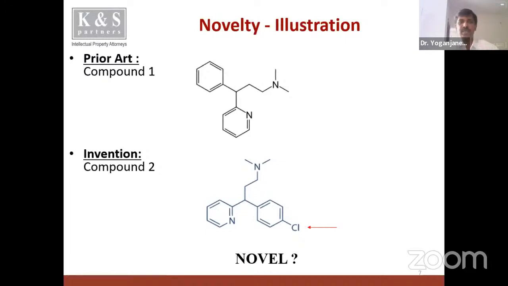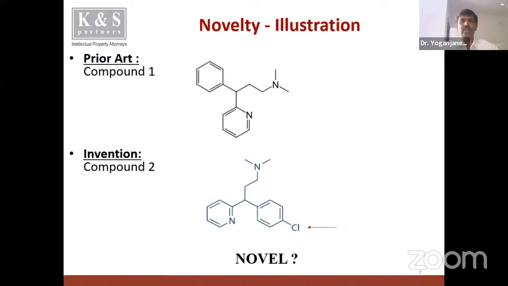Because of the presence of chlorine, compound 2 is novel over compound 1. This helps us identify novelty, by seeing what distinguishing features are present between the prior art and the current invention, and accordingly we get to know whether our compound is novel or not. Next, let's move on to the next step.